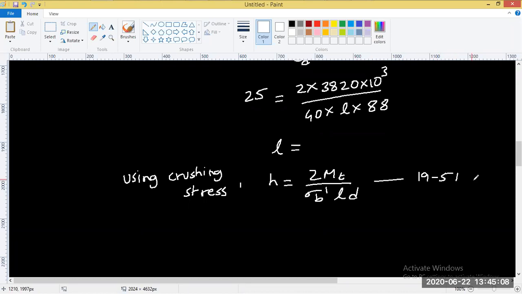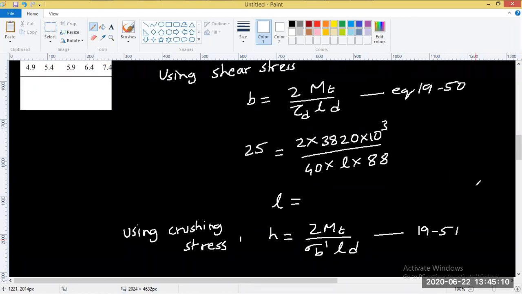So not much difference. Only difference is the shear stress values. And instead of B you write H, instead of tau D you write sigma P dash. That's it.